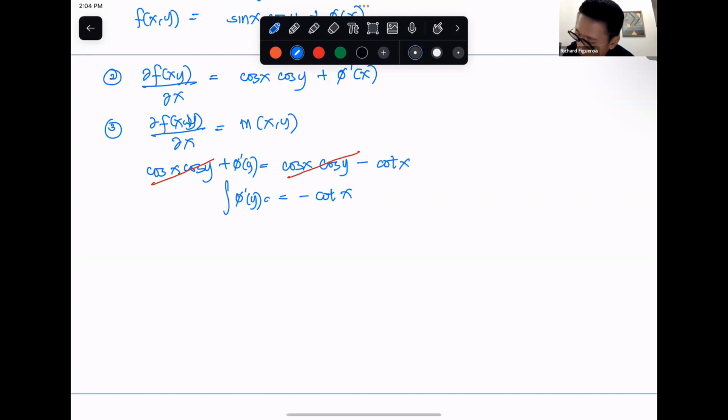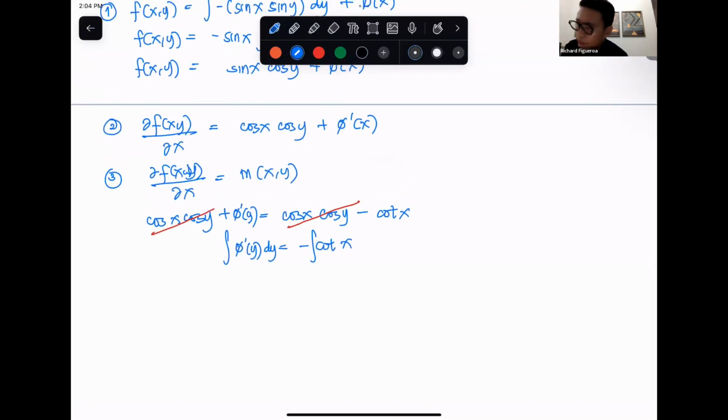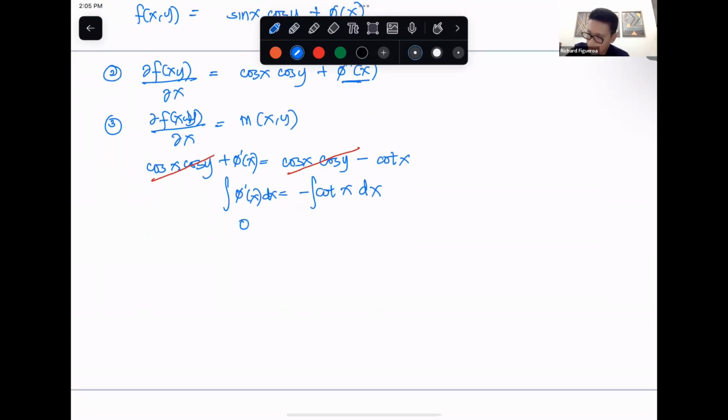So we integrate with respect to y, or x pala yun, not y. So kasi, ito na diba? P of x, dx. So this would be p of x.